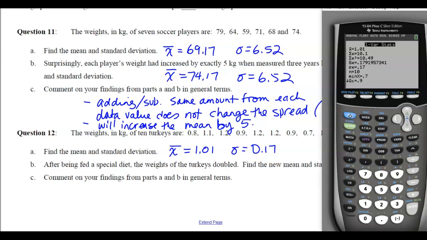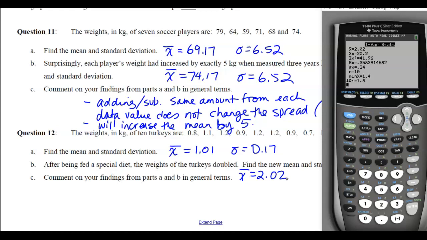Then if I do that for L2, the mean is 2.02, because you've doubled each value. So now your mean is double. If you add the same value to every data value, you add that to the mean.